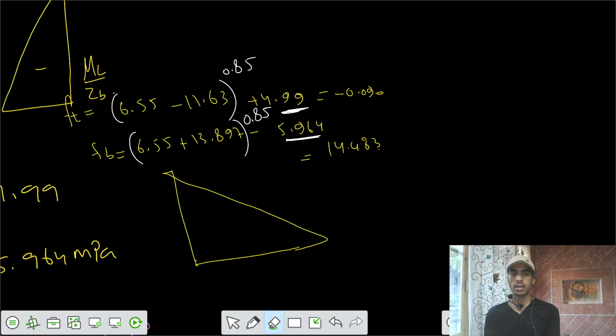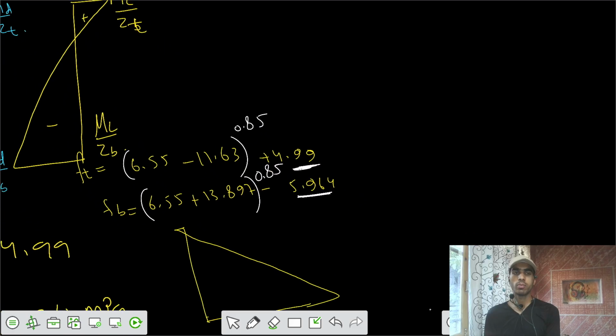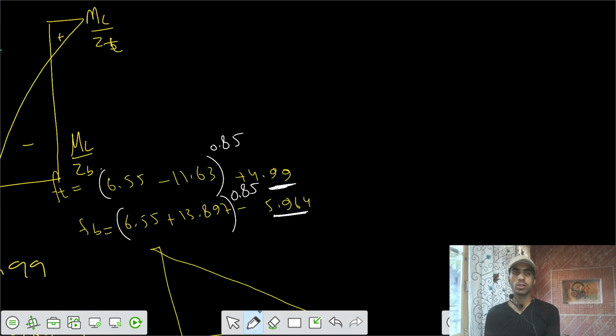After that we have to add one more thing, the effect of the live load. At the top we have compressive, that is positive M live by Z top, which was 10.30.